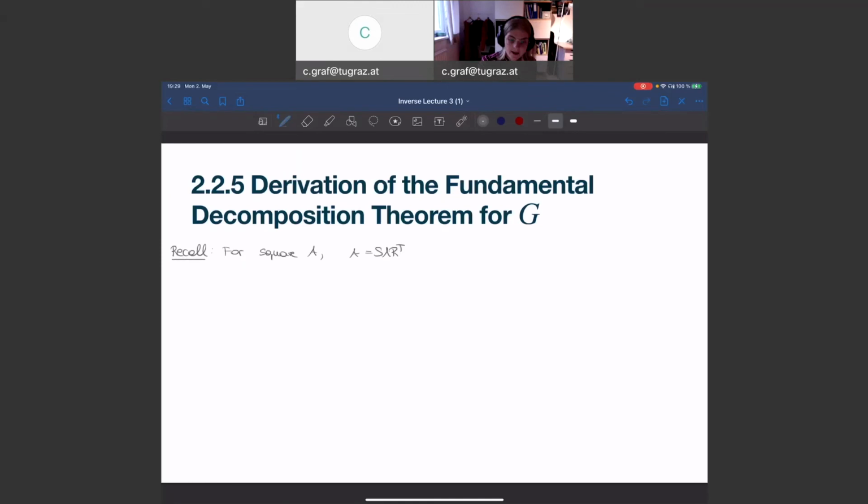We had A being equal to S times lambda times R transposed using eigenvalues and eigenvectors. Now, the question is, what are we going to do with a general matrix T?